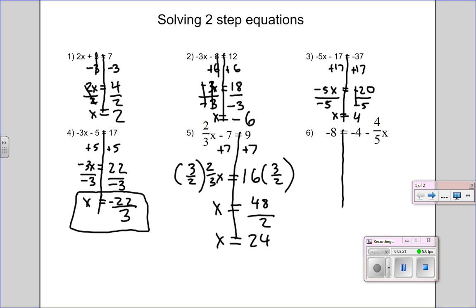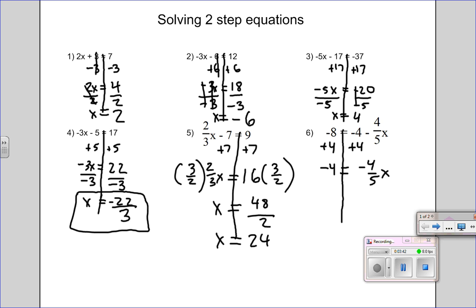All right. Now this one looks a little weird because we've got the x on the right side. But in reality, it doesn't matter. It's actually the same type of problem. So let's move the negative 4. Well, to move a negative 4, you do plus 4 on both sides. Negative 8 plus 4 is negative 4. And you get negative 4 over 5 x. Well, as we learned before, we multiply by the reciprocal.